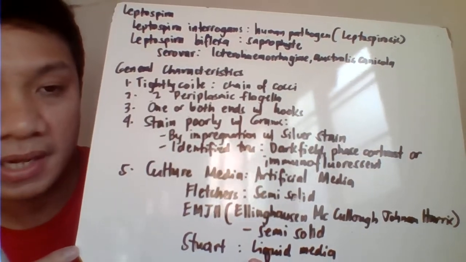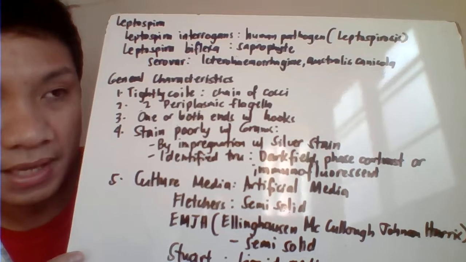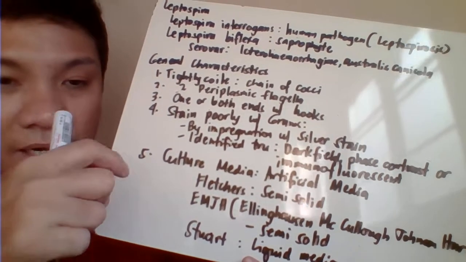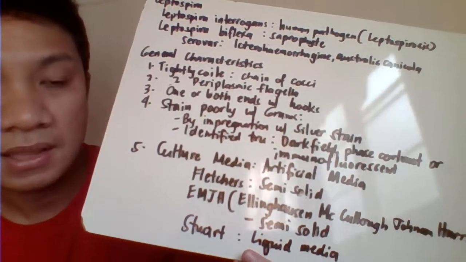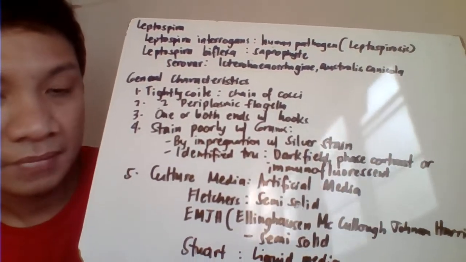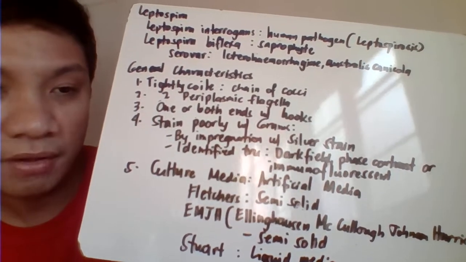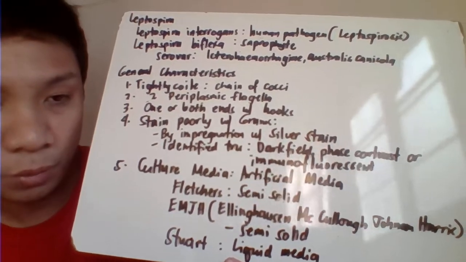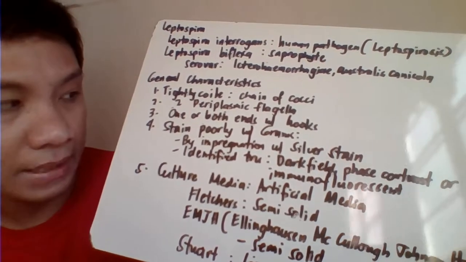Okay, we have here the general characteristics of the Leptospira. So again, they are tightly coiled. Their spirals are close to one another, so it would resemble a chain of cocci. One or both of their ends may contain hooks, and they have two periplasmic flagella around their body.